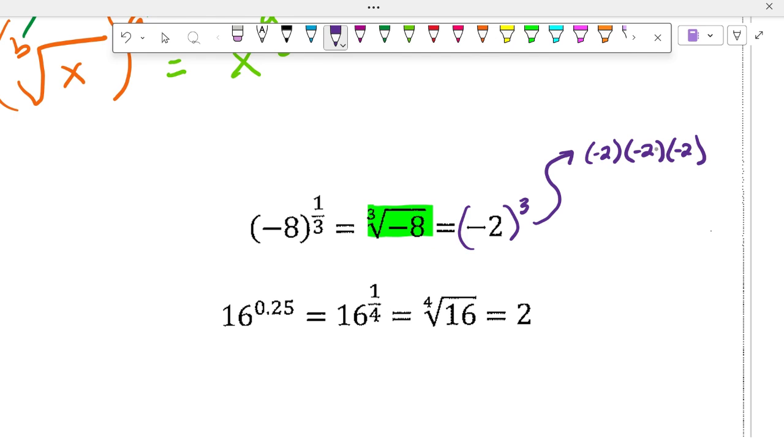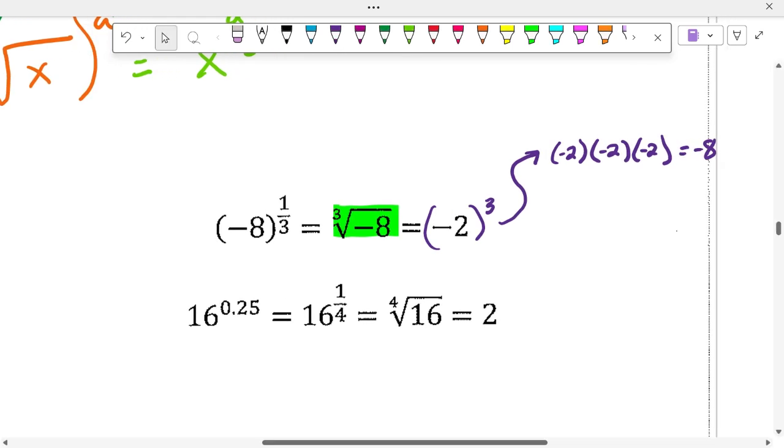So negative times a negative is a positive, but then times another negative is a what? Negative. So this would be -8. So this is true for any odd exponent. If you have a negative raised to an odd exponent, your answer will still be negative.